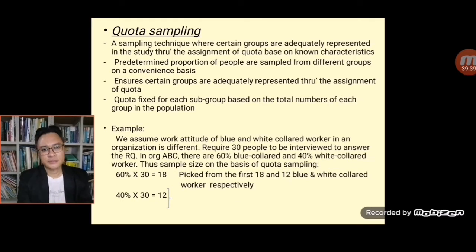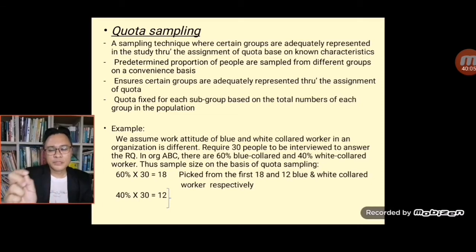Quota sampling. Quota ni maknanya quota lah, ada berapa ramai yang that unit, kata ada Malay, Chinese and Indian, in order for you to identify ataupun to measure the harmonious if you are studying the unity topic, kan ada Malay, Chinese and Indian.